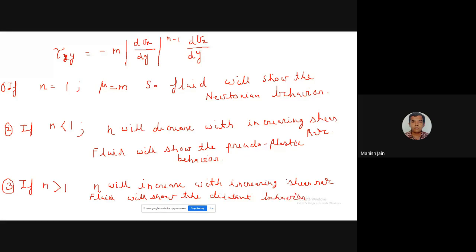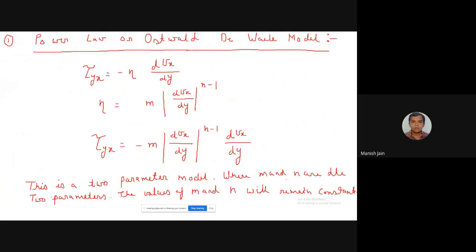Okay, so this is the power law model. The power law model can show the Newtonian behavior, dilatant behavior, as well as the pseudoplastic behavior based on the different value ranges of the viscosity index.